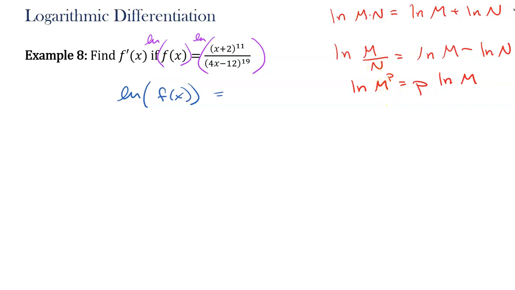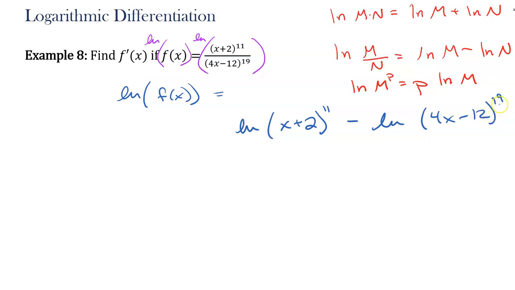The first thing I notice is that I'm using division, so I can fix it and get them into subtraction. So that would be the natural log of x plus 2 to the 11th minus the natural log of 4x minus 12 to the 19th.